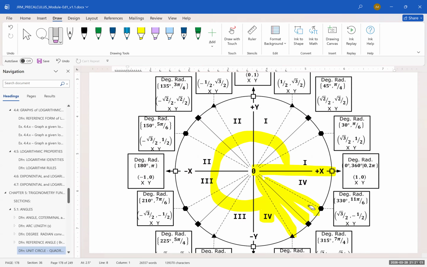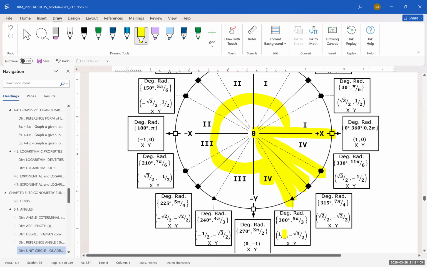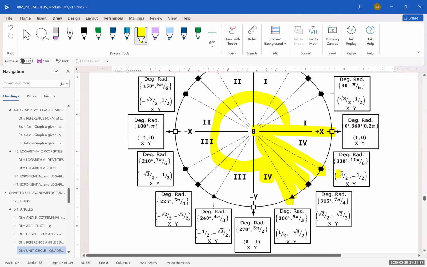Now you'll see at the ends of each of these terminal sides, we have an x, y coordinate. We have an x and y coordinate there, there, and there. What do you notice about these x and y coordinates?